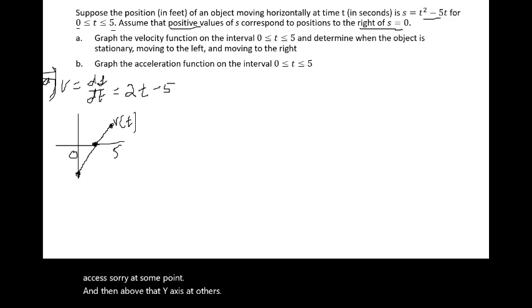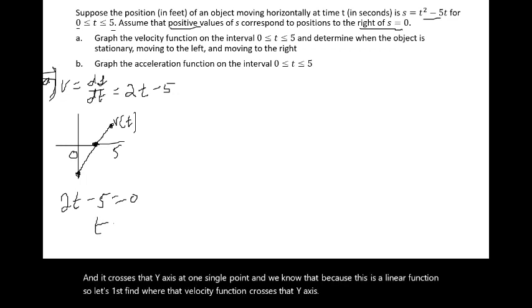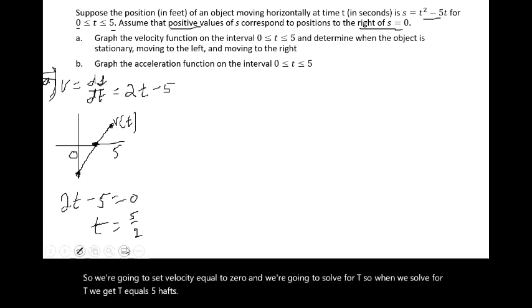So let's first find where that velocity function crosses the t-axis. So we're going to set velocity equal to 0, and we're going to solve for t. So when we solve for t, we get t equals 5/2. Now when the velocity is 0, that means that the object is stationary.